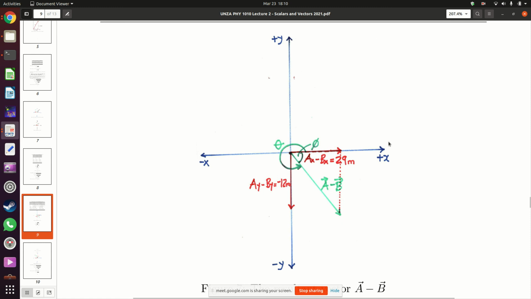But theta is always measured from the positive x-axis, anti-clockwise, so theta is always a positive angle. Phi, the angle of the triangle, can be positive or negative depending on which axis you're using and whether the vector is up here or below here. Then you add things accordingly. Are we clear?